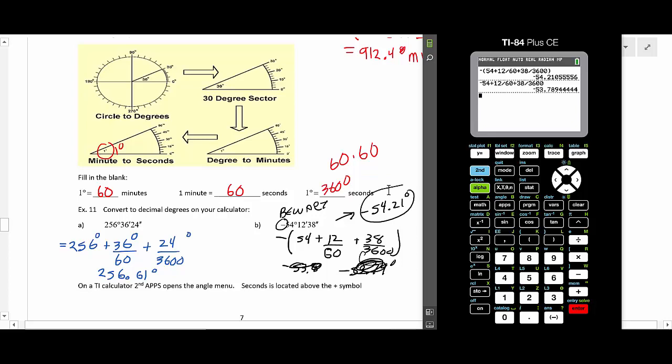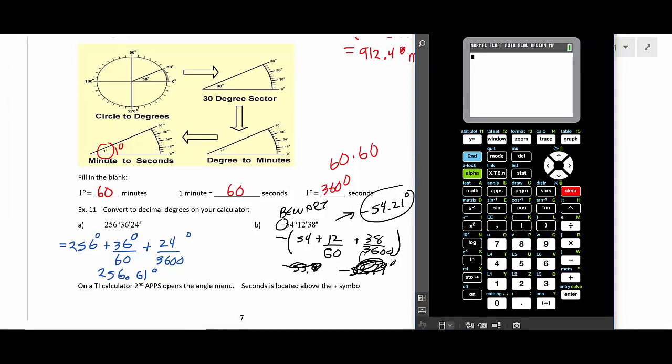To me, that's the way to do it on a TI. You can also, if you got your calculator, you might want to look at this. On all of these TIs, usually above the apps button, try to find your apps button, which is in the second column. You should see the word angle above that in blue or some other color. So if you go second apps, then you'll have an angle menu.